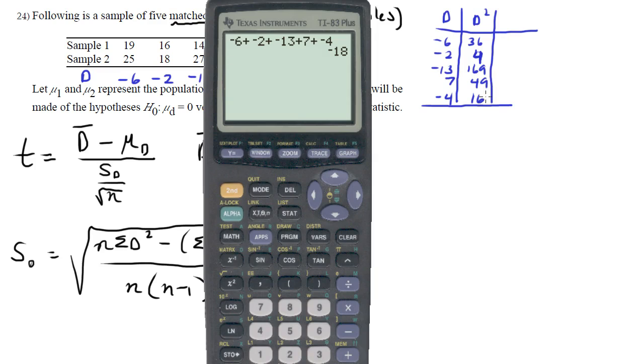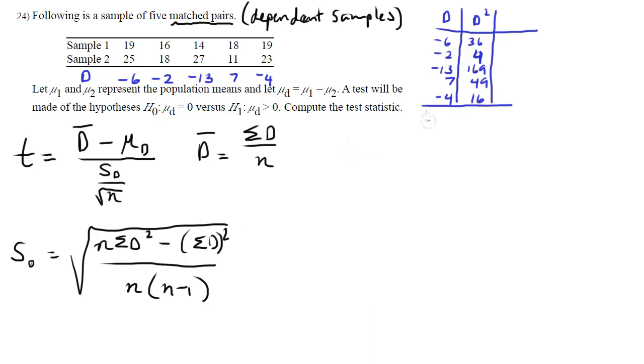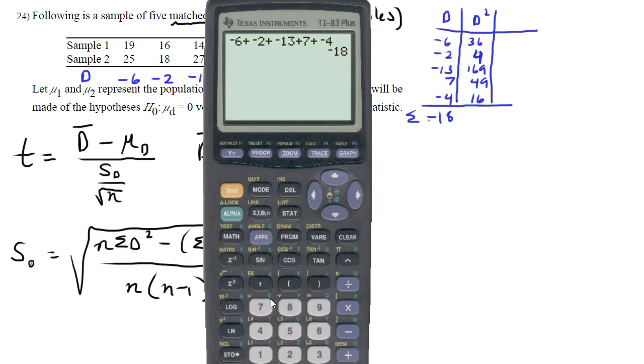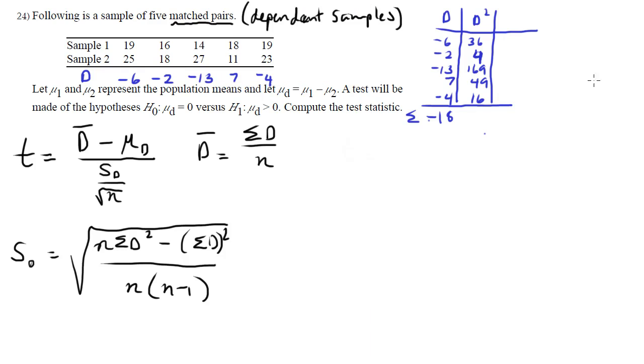Does that seem right? Yeah, that seems right. It's the sum. And then, let's say 36 plus 4 is 40, plus 169, plus 49, plus 16, 274.